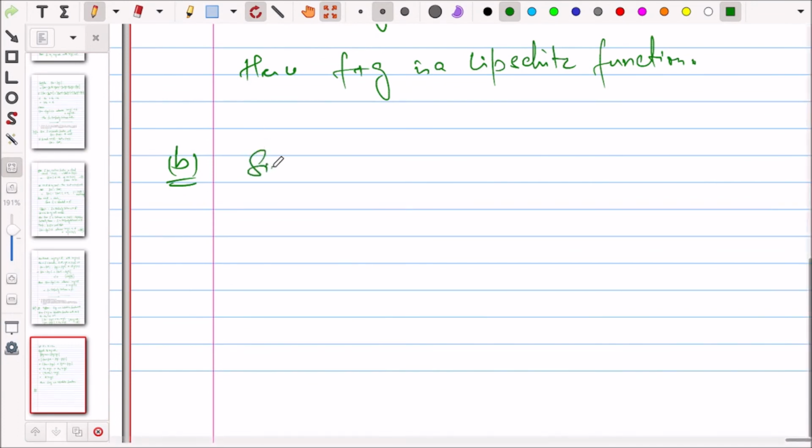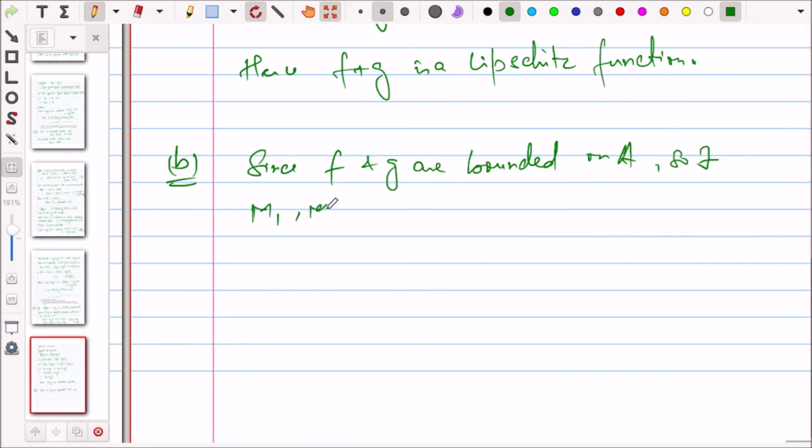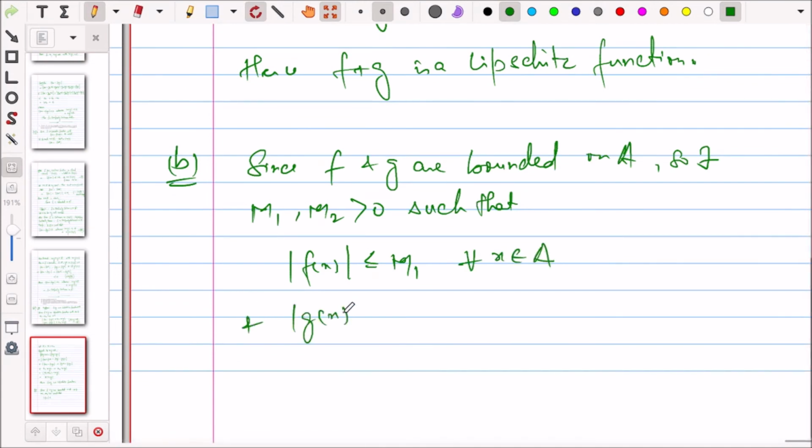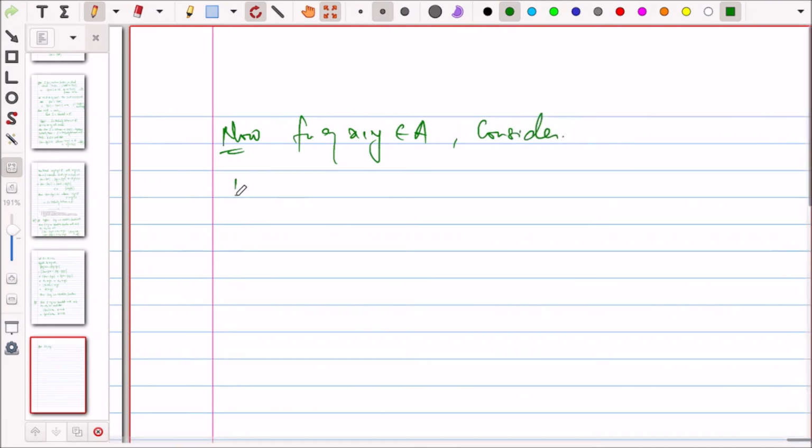Since f and g are bounded on A, there exist m1, m2 greater than 0 such that |f(x)| is less than or equal to m1 for all x belonging to A and |g(x)| is less than or equal to m2 for all x belonging to A. Now for any x, y belonging to A, consider fg(x) minus fg(y).